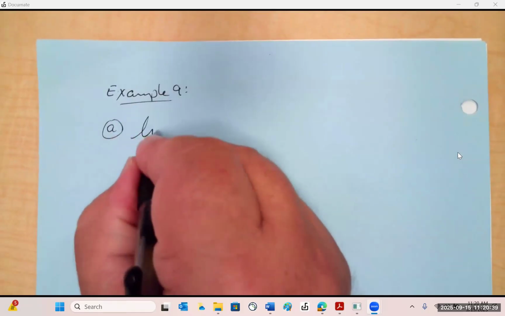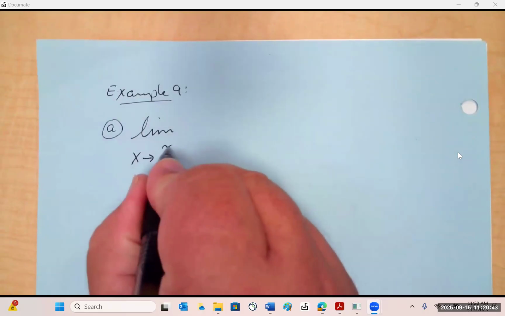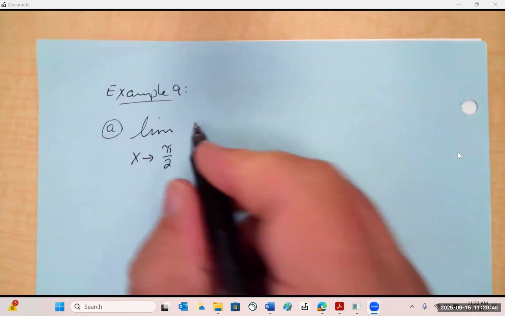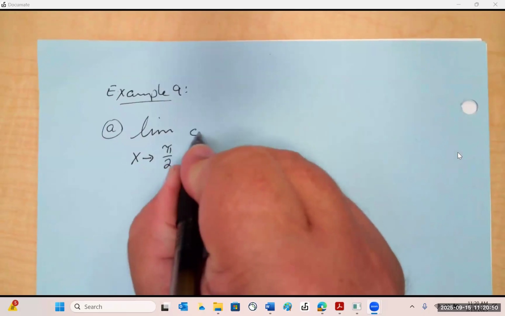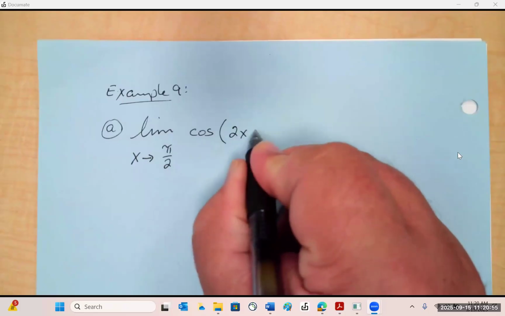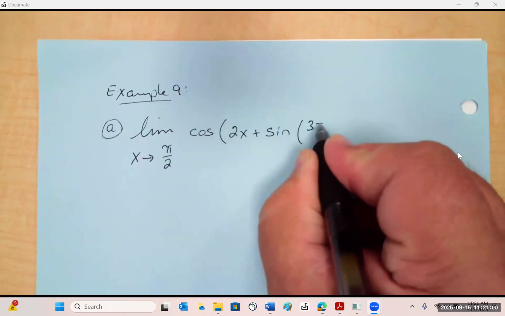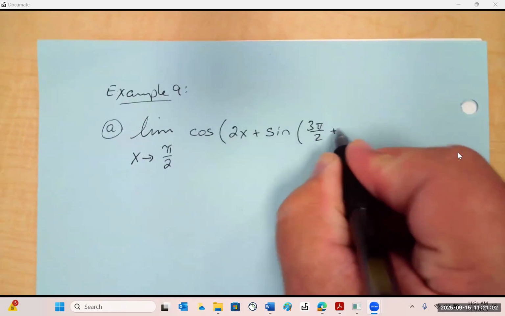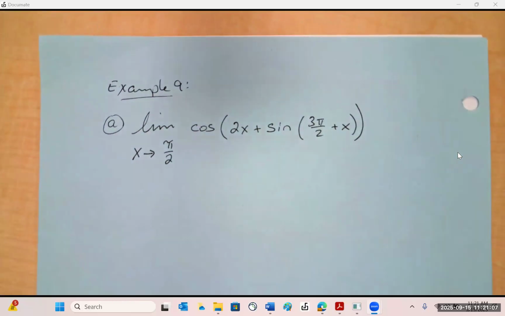So take the limit as x approaches pi over 2. Don't worry about following along. It's up there, because you're going to spend more time looking for it. Okay, here's what it says.